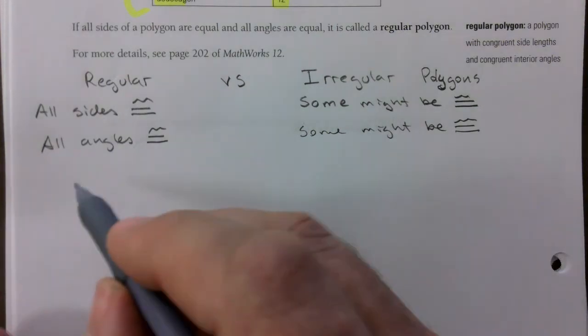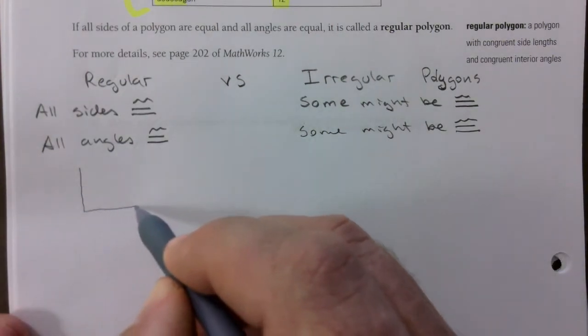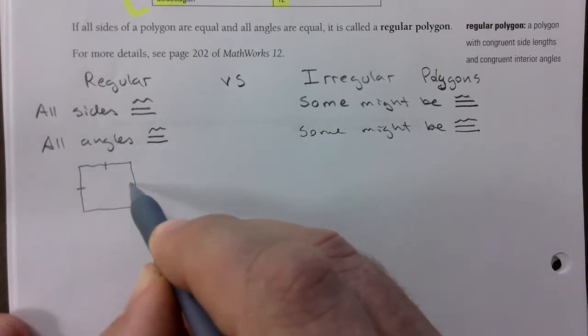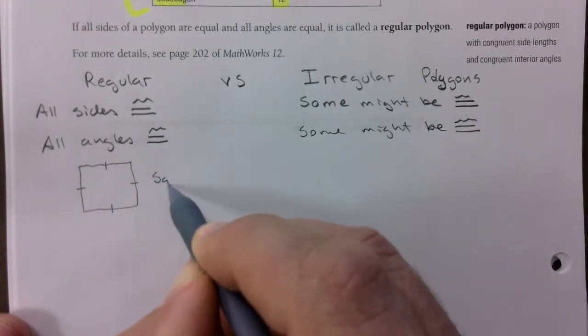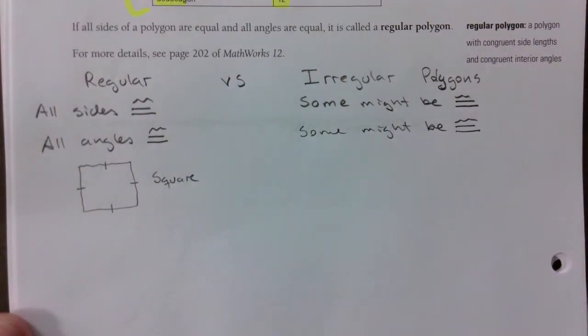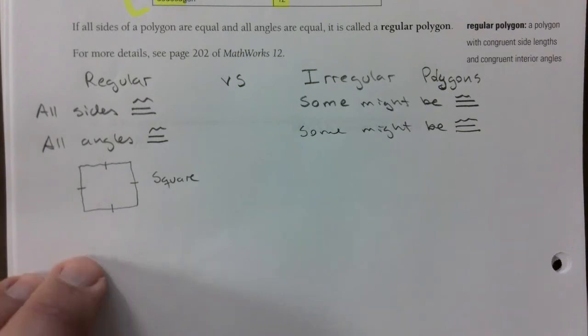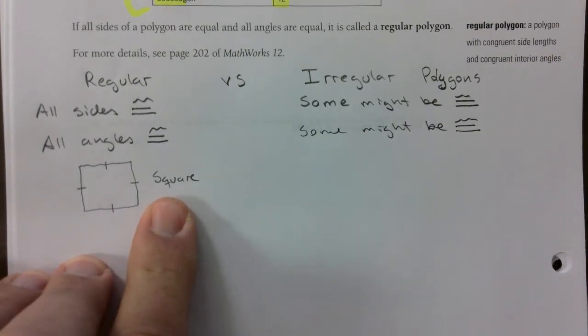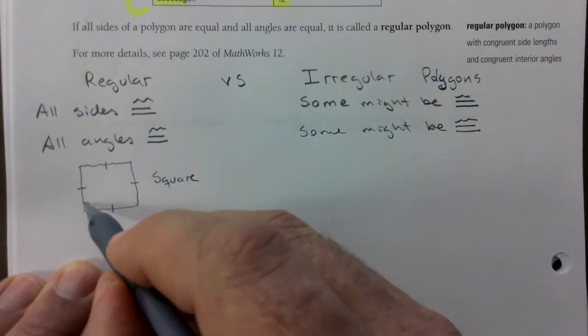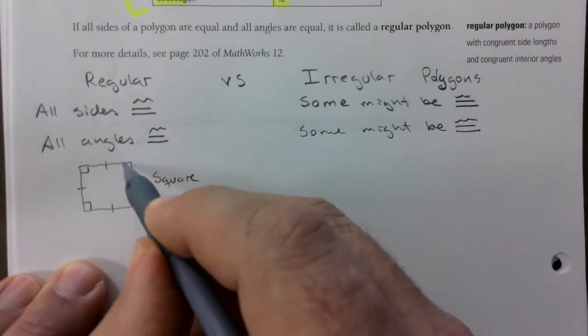So watch this. A square is actually a regular polygon, and all angles are the same.